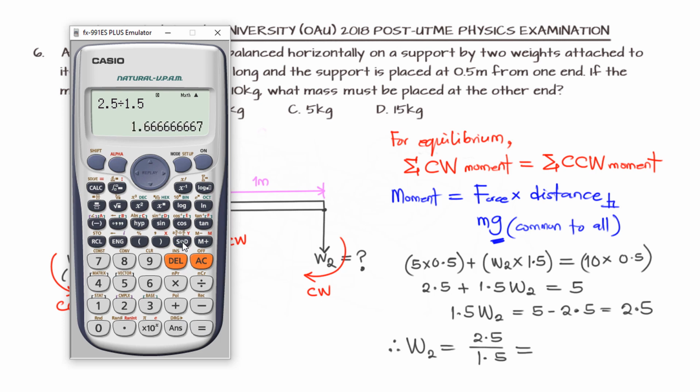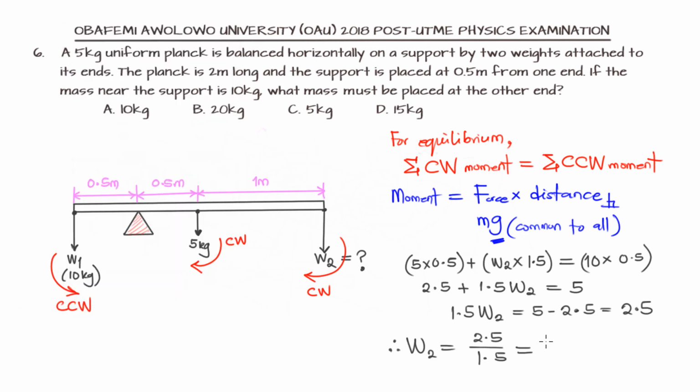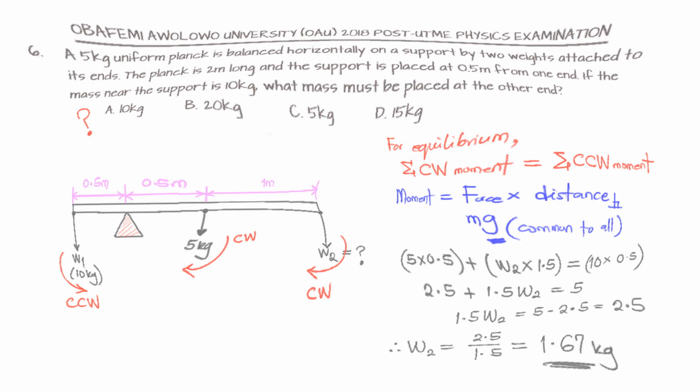That's 5 over 3 or 1.67 kilogram. That's the value of the second weight that must be placed at the other end. But interestingly, that answer was not included in the options. And perhaps the exam body wants to check whether you are just picking any answer. But for this particular question, the correct option is not in the given options.